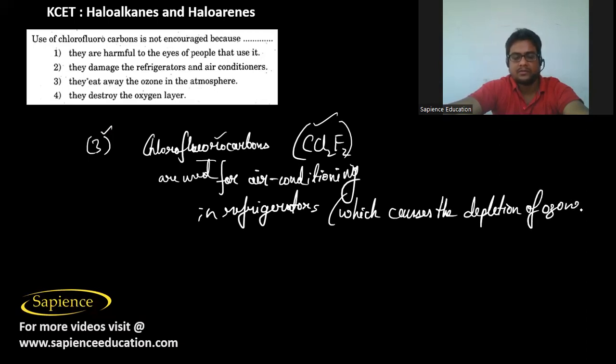Since they eat up the ozone in the atmosphere, the use of chlorofluorocarbons is not encouraged. They should not be used if we want to protect the ozone layer of the atmosphere. So option 3 is the answer.